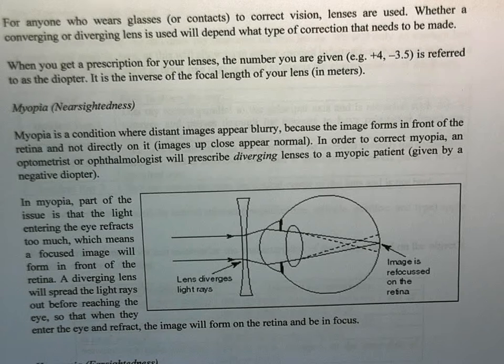Those numbers are referred to as the diopter. The diopter is the inverse of the focal length of your lens, specifically in units of inverse meters, because it's assuming that the focal length of your lens is given in meters. So those numbers actually do have value.